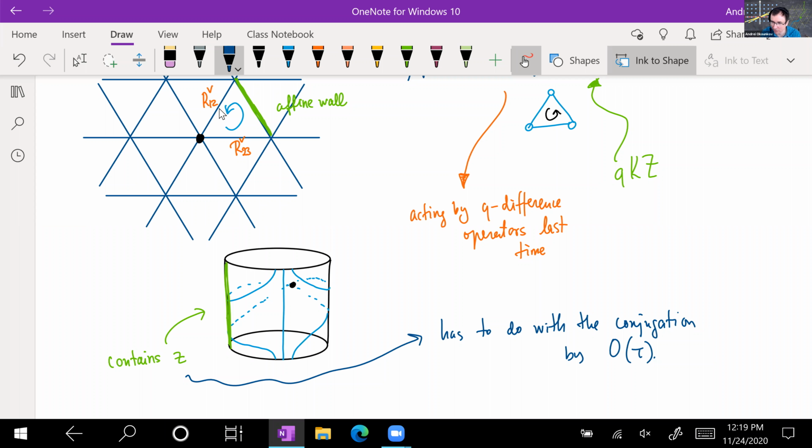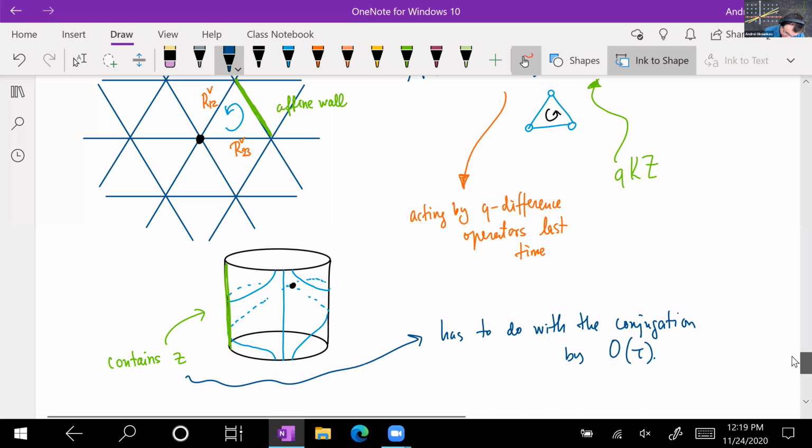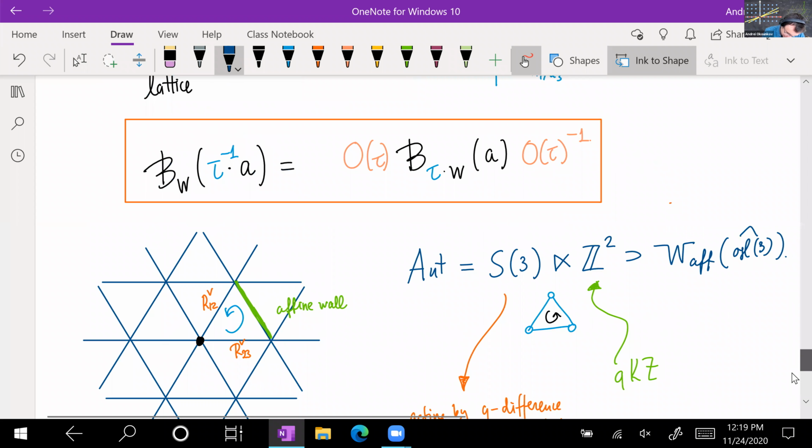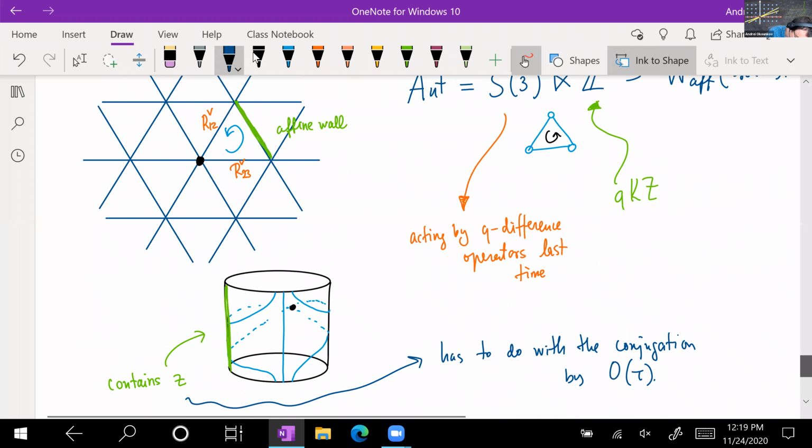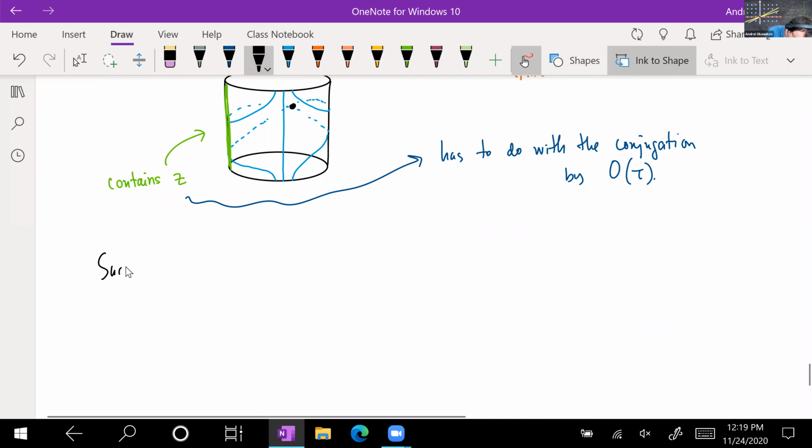When I do that, I don't get just the R matrix, I get the R matrix with that Z. So that's what we saw. And then once we have the structure, this structure gives rise to a Q difference connection.